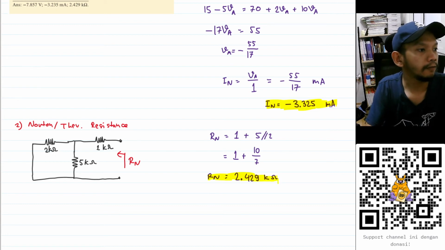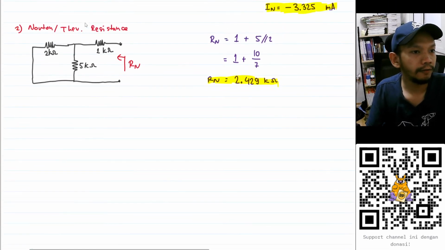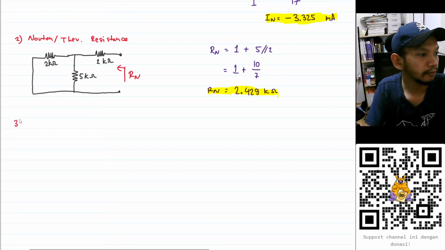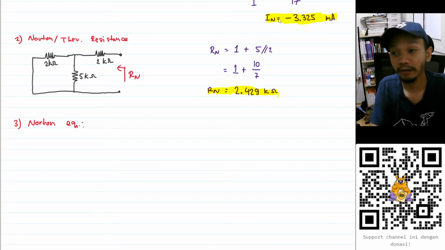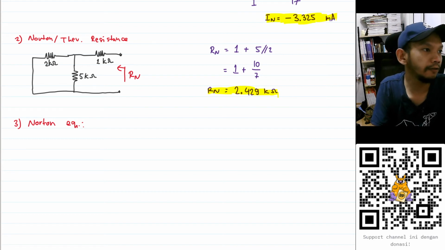So I will have the Norton equivalent circuit. We will have this current source with this value, and the negative means that the direction will be to the bottom here.